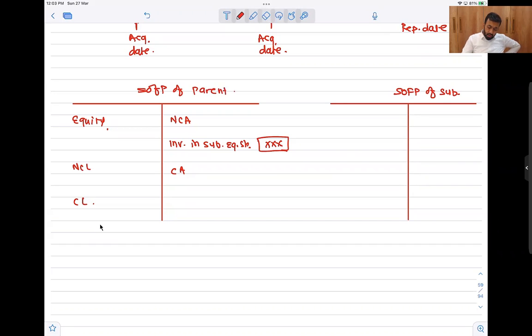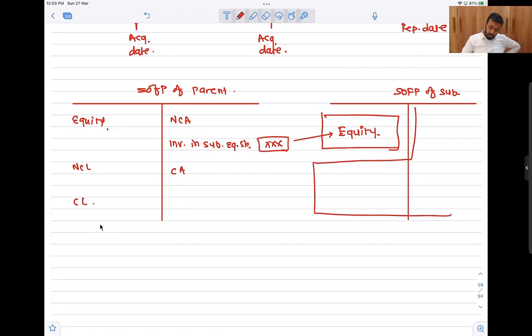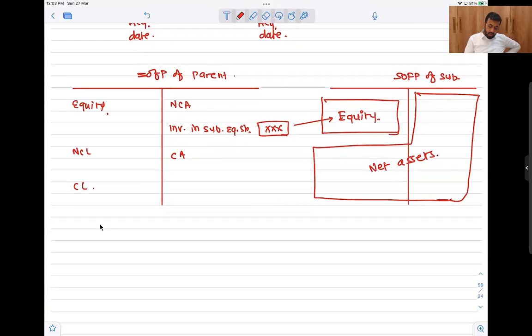Then what you are actually doing, this represents this equity. You will replace this net assets in this line.